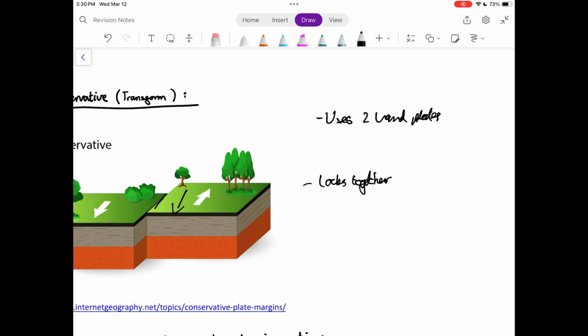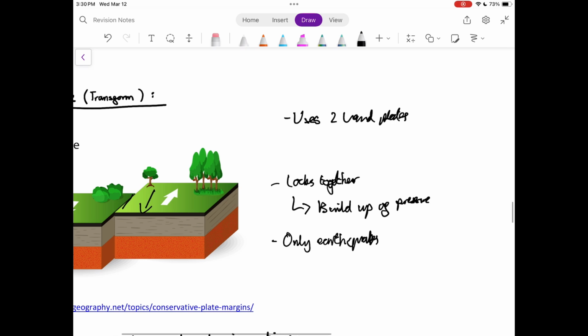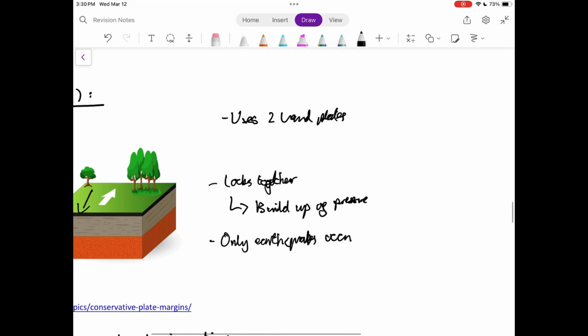And this causes the buildup of pressure. And eventually this pressure causes an earthquake to occur. So only earthquakes occur at these plate boundaries.